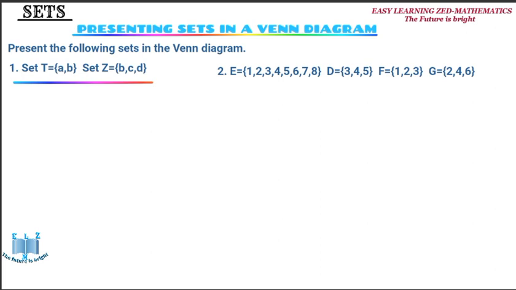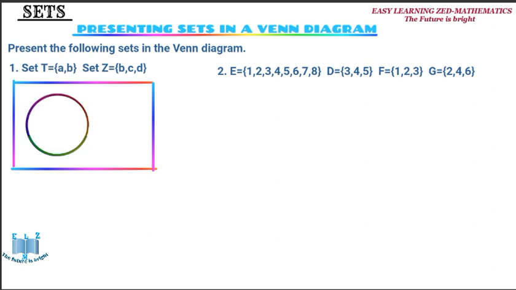So I'm going to use the circles. Then the next thing, you name the universal set as well as the names of the sets given. So the rectangle is the universal set. Then set T will be one of these circles, and set Z will be the remaining circle.